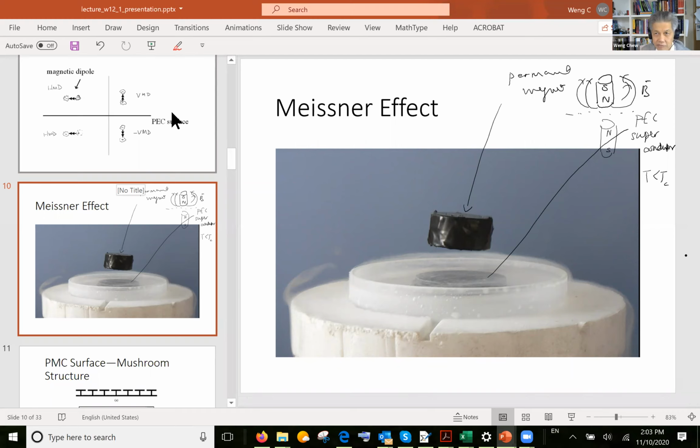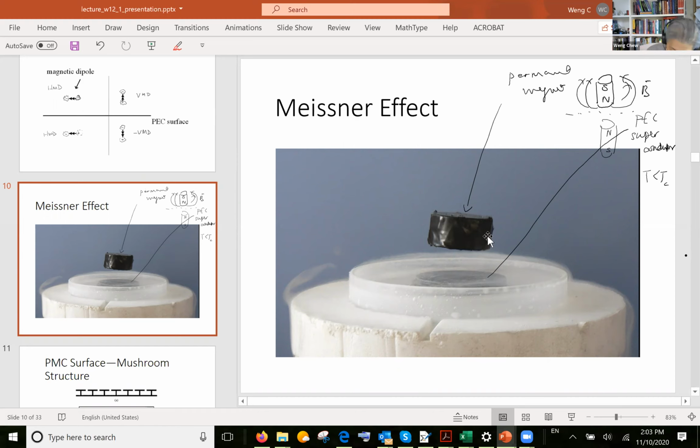And then these two dipoles will repel each other, causing this little magnet to levitate. This is called magnetic levitation.